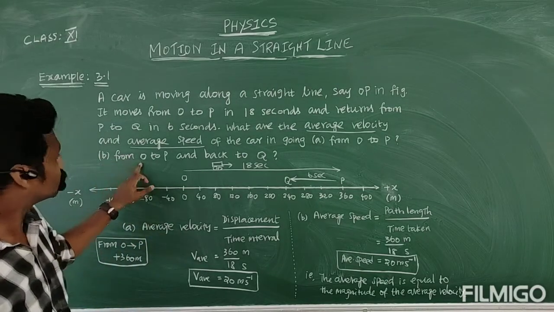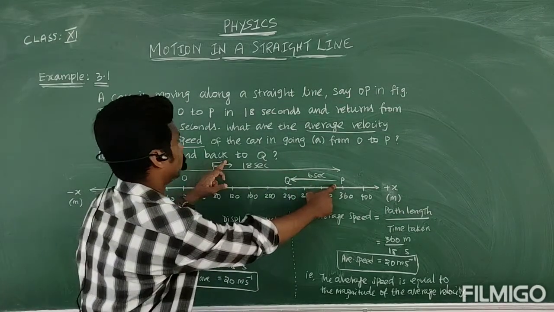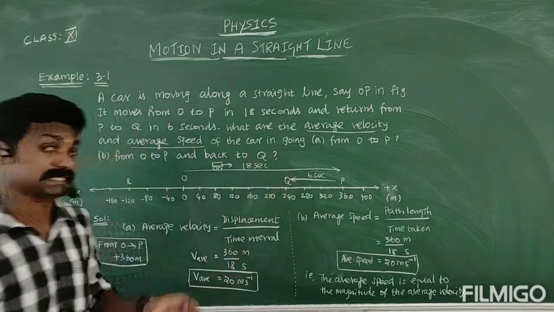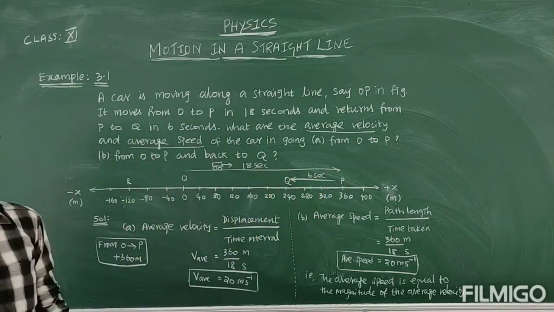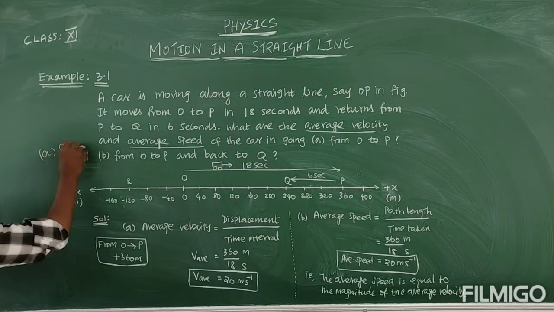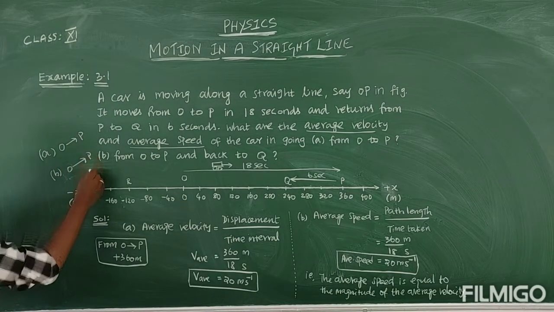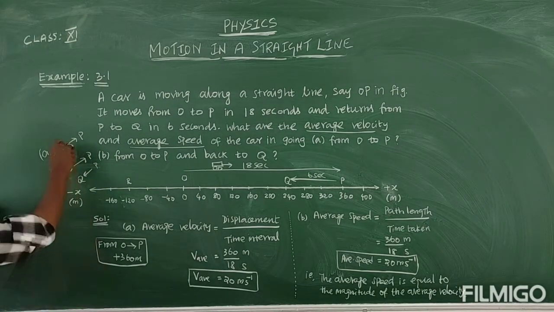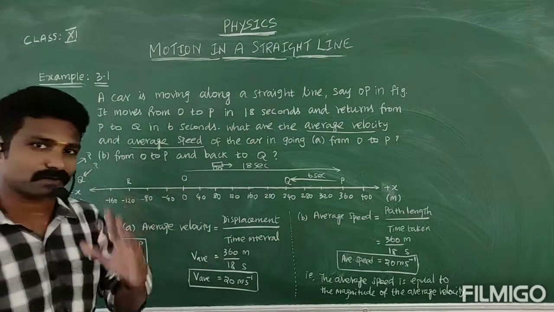The second question is O to P and then again back from P to Q. For both questions, we want to calculate the average velocity and average speed.